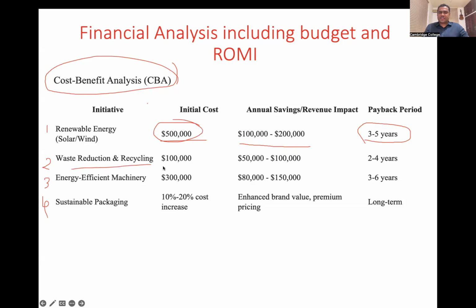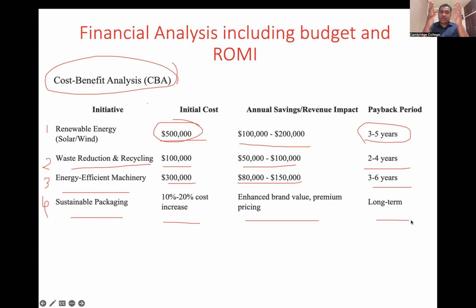Waste reduction and recycling. Again, you can see a payback period and the revenue impact. Energy efficient machinery, sustainable packaging. So one needs to understand that when spending money, you're using the shareholders' money, you're using your marketing budget. It can be capital expenditure or operational expenditure. But you need to understand the initial cost.